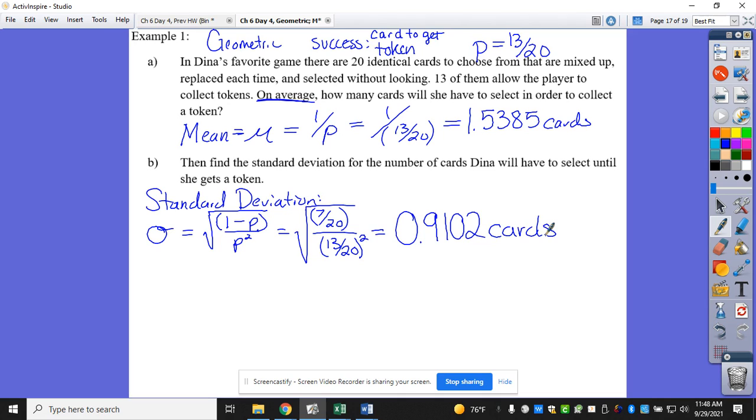And honestly, in a problem like this, the way I usually do it is I do this first, and then I type that divided by my second answer, and then take the square root of it, and I do it in 3 pieces.